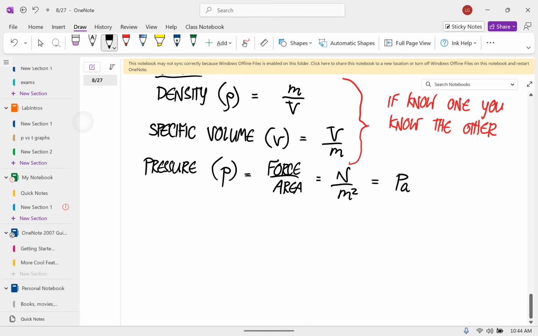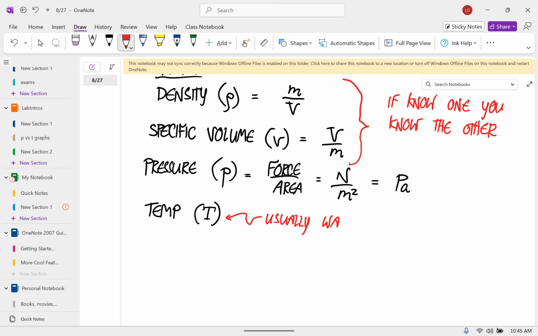And then temperature, which is a capital T. And for this, we will usually want the absolute temperature. We'll talk a little bit more about temperature calculations on Friday. So we'll usually want this in Kelvin.